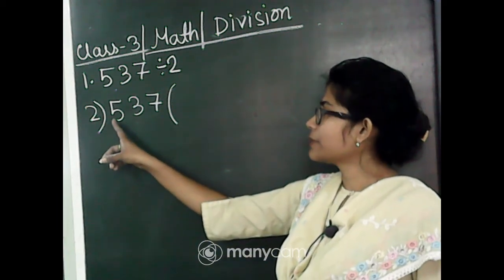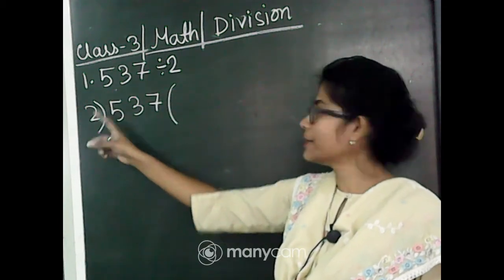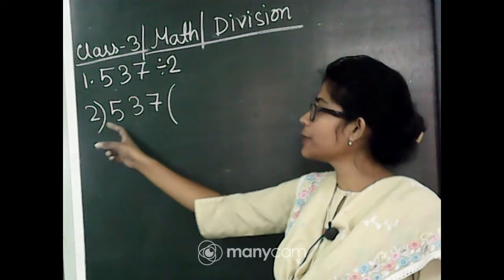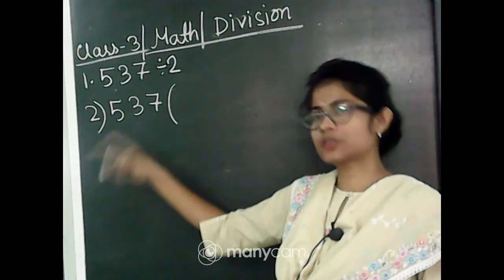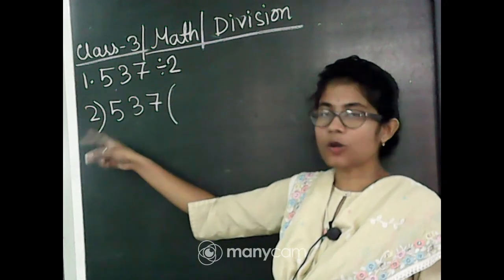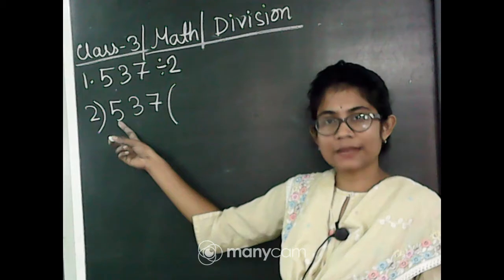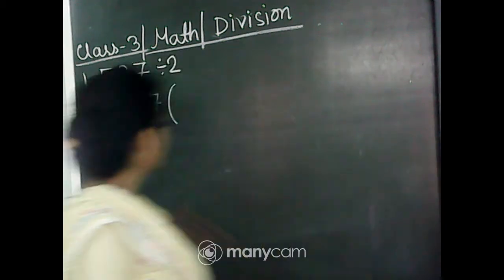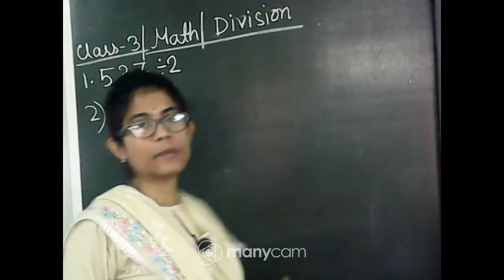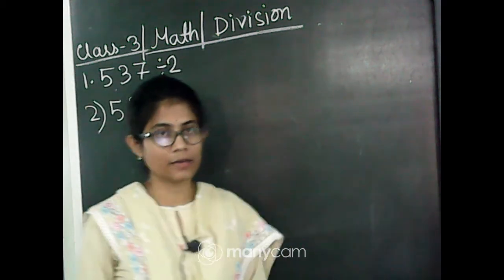Here see, if we take only 5, this 5 is already bigger than 2. So no need to take 53, because 53 is much bigger than 2. We will not take the rest of the part, okay. Now we always have to read the table of the divisor whenever we do the division, and let's start.